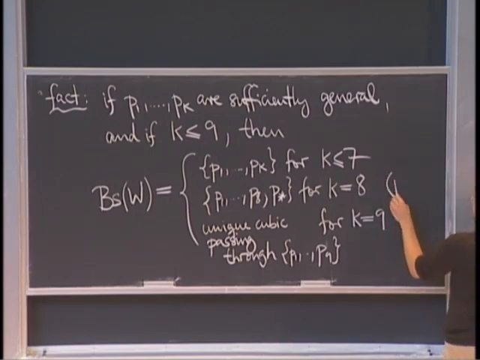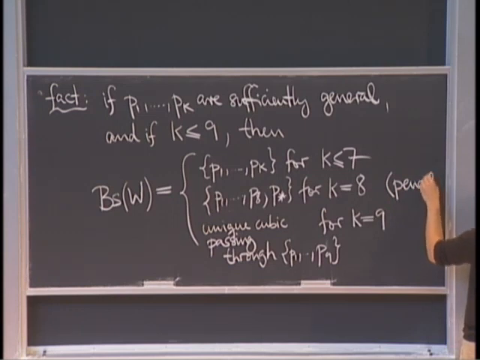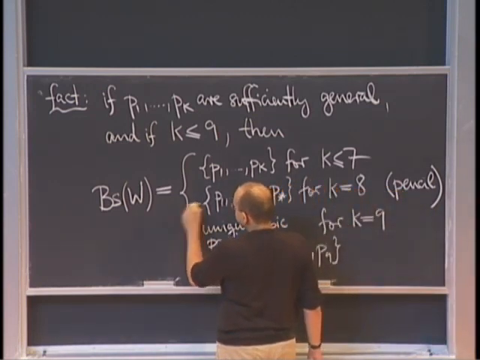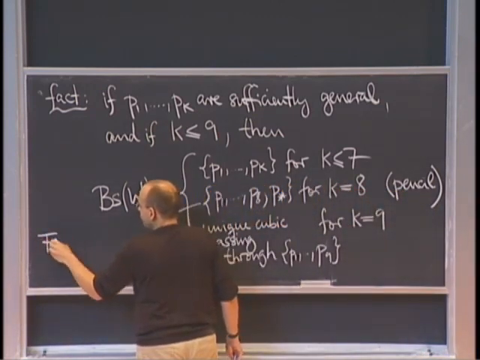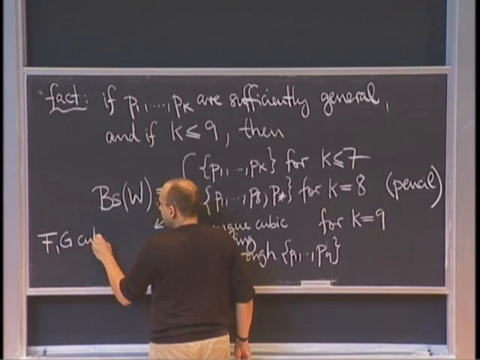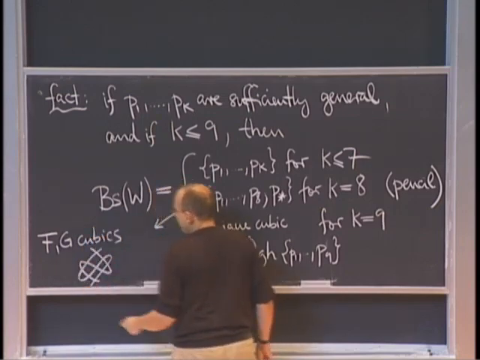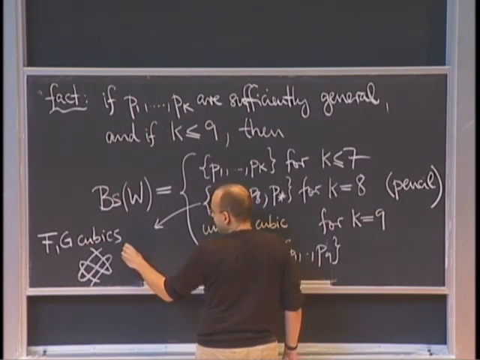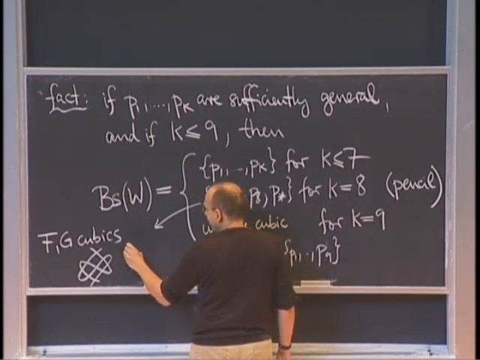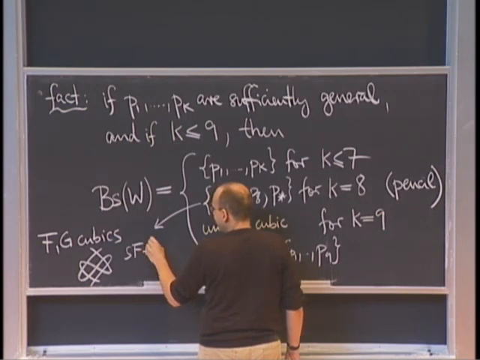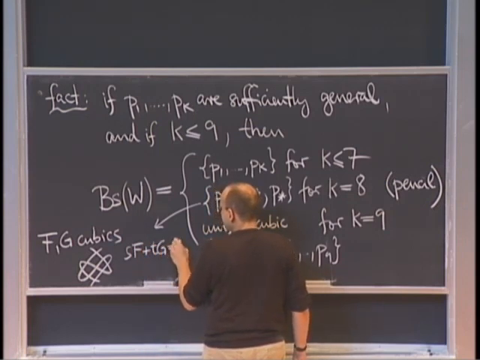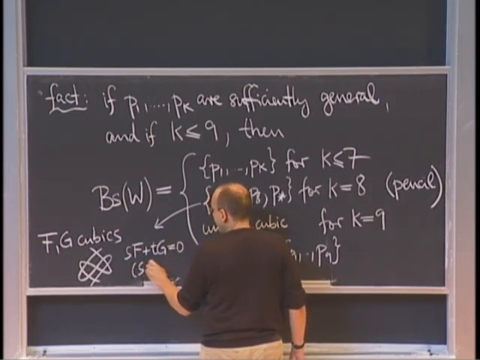This is the case of a pencil. So the picture here is you have two cubics, F and G, that intersect in 9 points, and then your pencil is just the family S times F plus T times G equal to 0, where [S:T] is in P1.